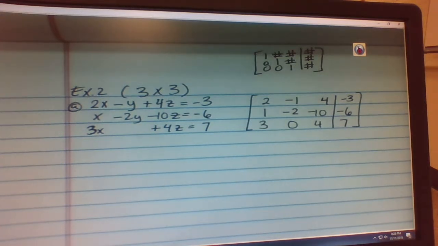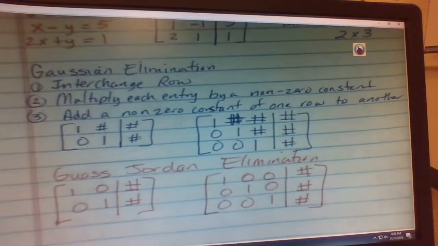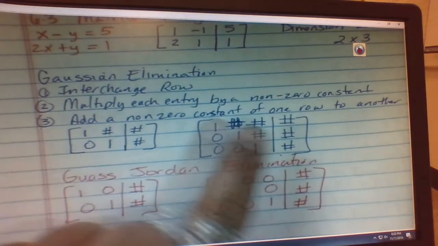Are we good? It's the same rules, but you need to look for stuff. Now, if you recall, when we wrote down these 3 rules, the first rule says you could interchange rows.